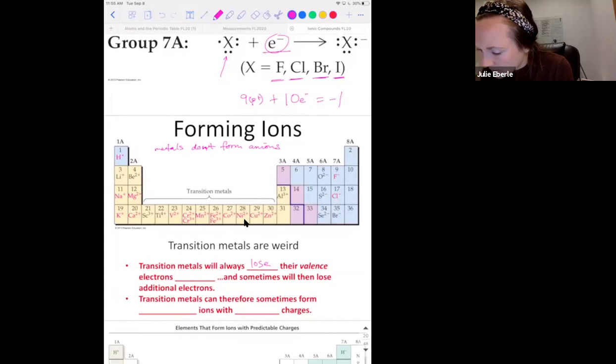That's right, because sometimes they'll lose additional electrons. Transition metals have 2 valence electrons. All of them have 2 valence. They will lose those 2 first, and then sometimes they'll lose additional electrons, meaning sometimes they can form a +3 and a +4 cation.